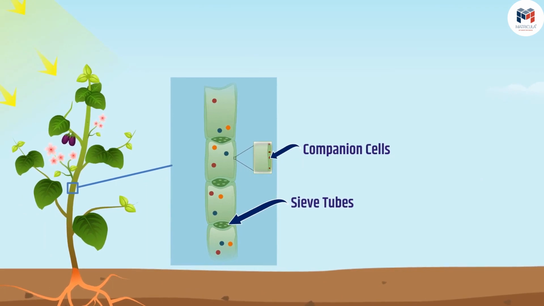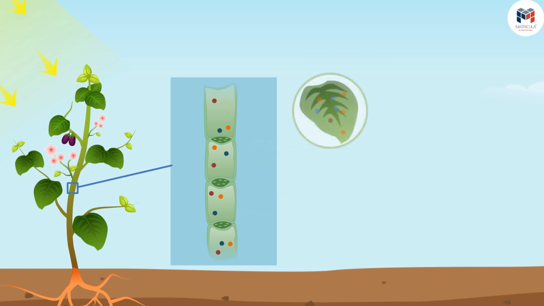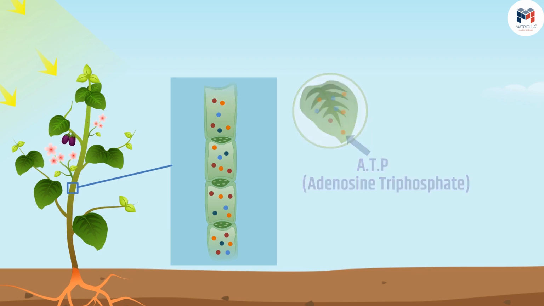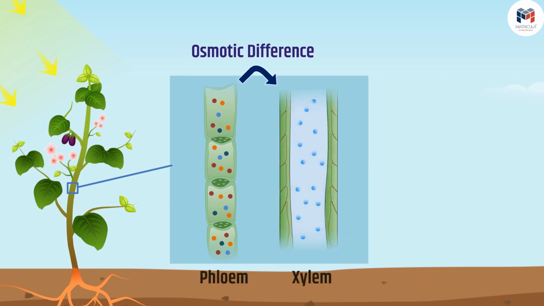In plants, the transport of food takes place actively with the help of an energy molecule called ATP present in the companion cells. The soluble products produced in the leaves enter the phloem by using ATP, that is, adenosine triphosphate, due to which the concentration of soluble products increases in the phloem. This creates osmotic difference between xylem and phloem.